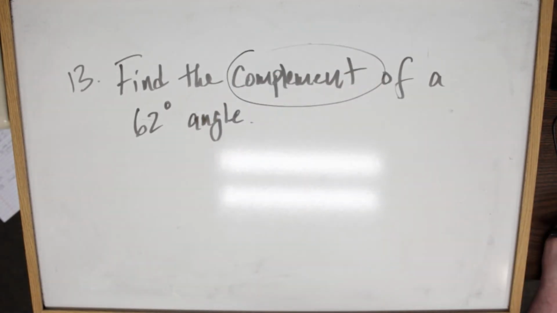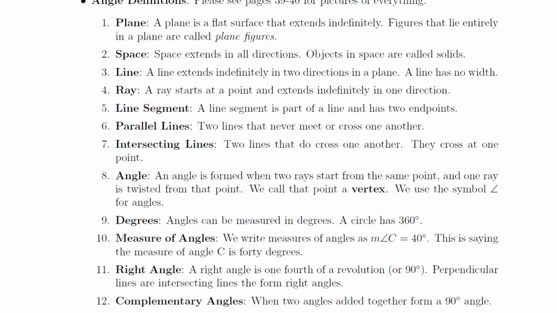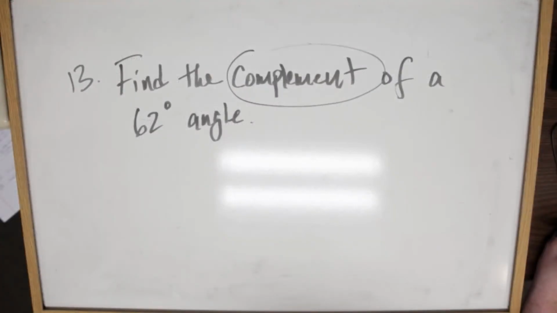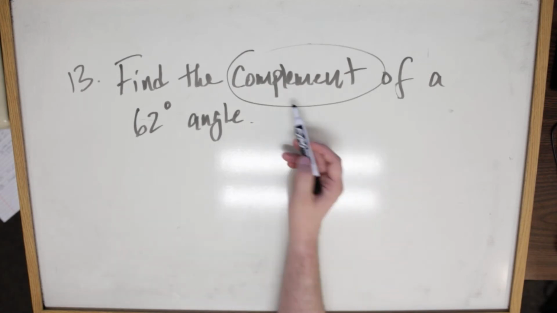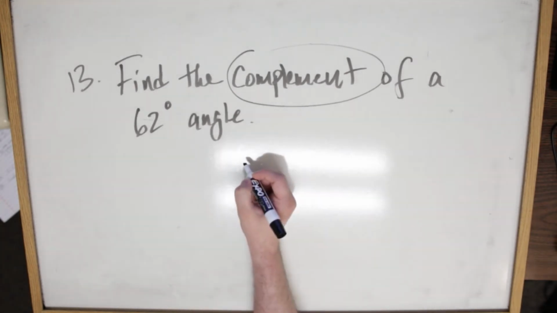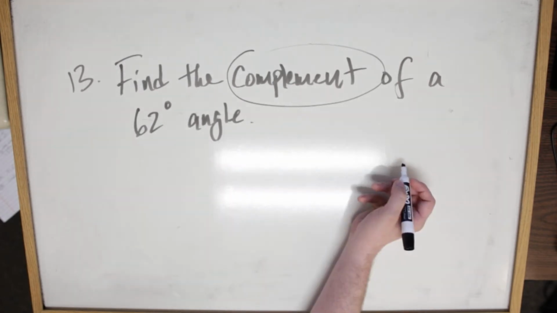All right, let me switch back to the notes and we'll take a look at what that was. So remember, complementary angles are when two angles are added together, right here, two angles added together to form a 90-degree angle. Okay, let's go back. So two angles added together form a 90-degree angle. What that means is that if we're trying to find the complement of a 62-degree angle, we're looking for the other angle that will add up to 90 degrees.